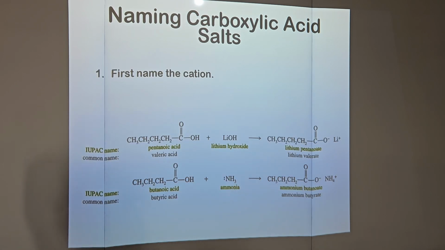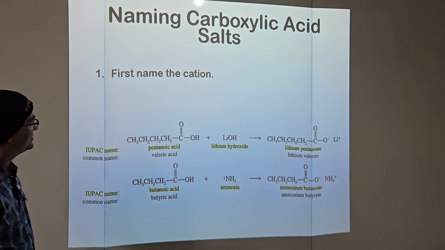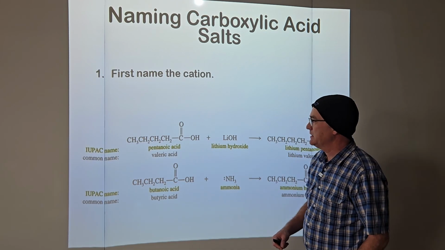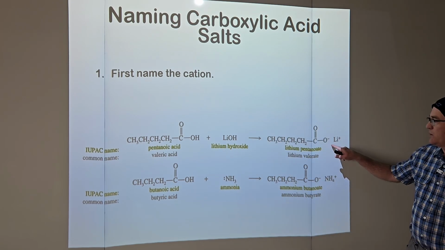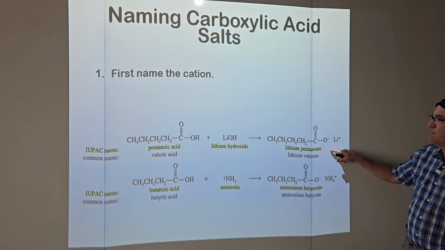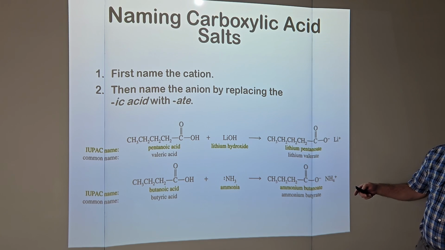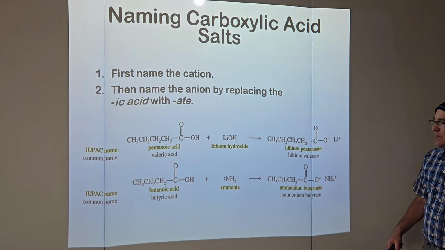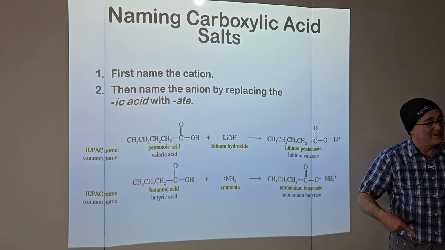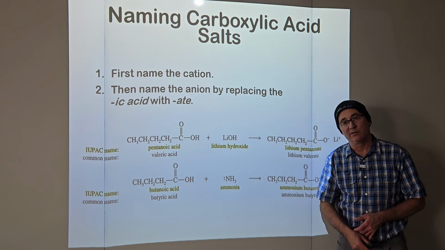How do we name carboxylic acid salts? Here's pentanoic acid and here's lithium hydroxide. We name the lithium cation first. Then we name the anion by replacing -ic acid with -ate. Notice it's the reverse of what you learn in general chemistry.